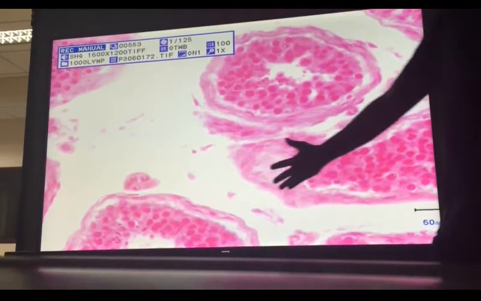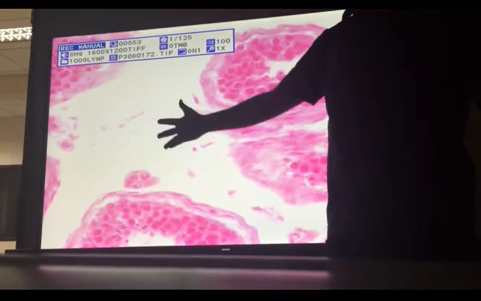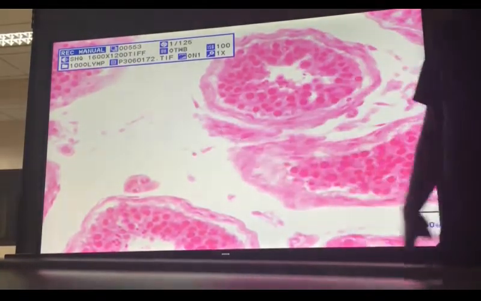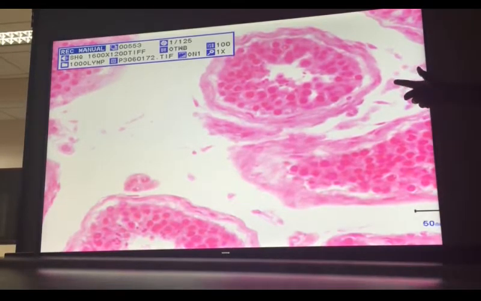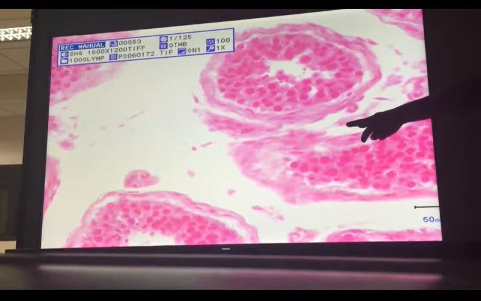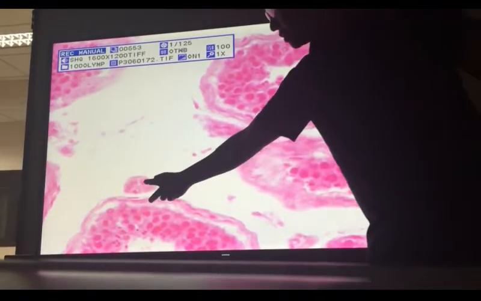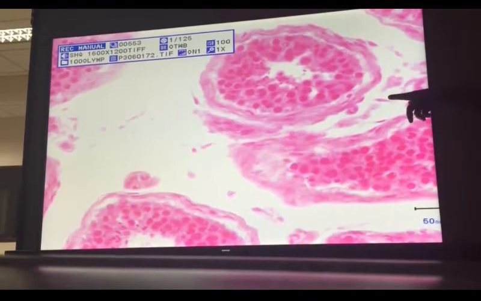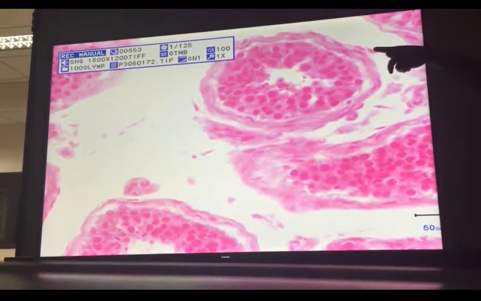Based on the appearance of the interstitium, what type of connective tissue is composing the interstitium? Loose connective tissue. And then these cells with abundant pink cytoplasm are called? Okay, interstitial cells of Leydig. Now, notice that there is another type of cell present in the interstitium.